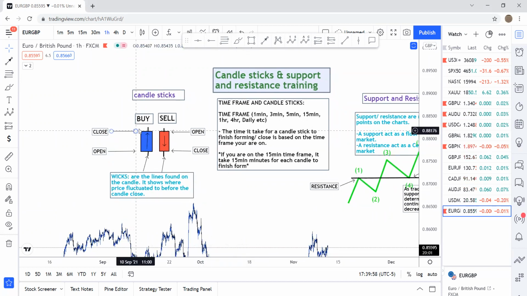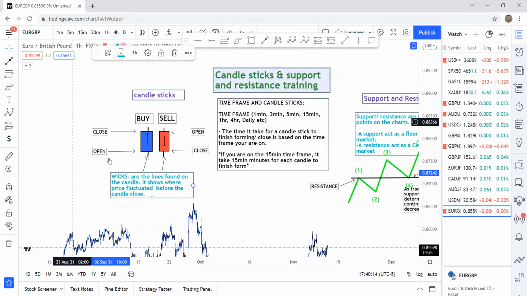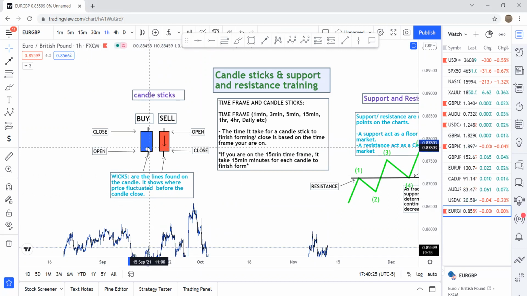So now these lines that are sticking out of the body of the candle are wicks. Wicks are lines that are found on the candle. They show where price fluctuated before the candle closed. So if we look at this buy candle, for example, as you can see, we had a wick at the bottom.